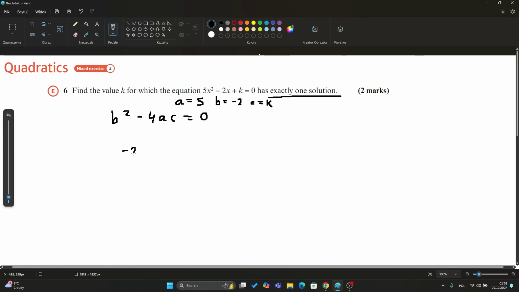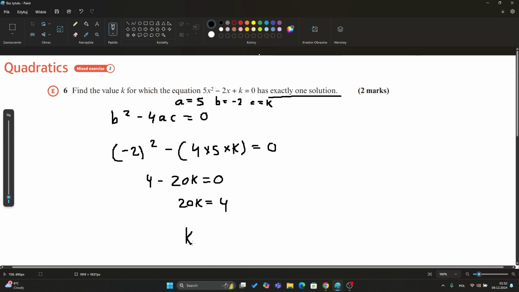So minus 2 squared minus 4 times 5 times k will equal 0, and 4 minus 20k will equal 0. So 20k will equal 4, and k equals 4 over 20, which is 1 over 5. So k equals 1 over 5.